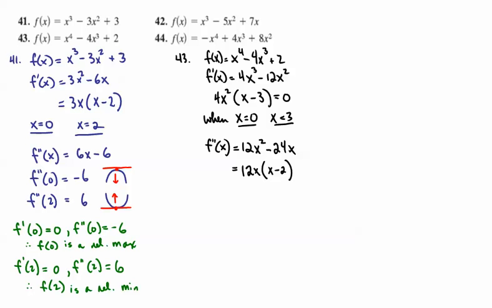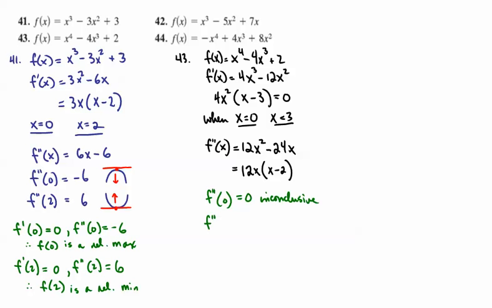So all we have to do now is plug in. Let's try f prime prime of 0. Well, when we have that, we're going to get 0, so inconclusive. The first derivative is 0 and the second derivative is 0.